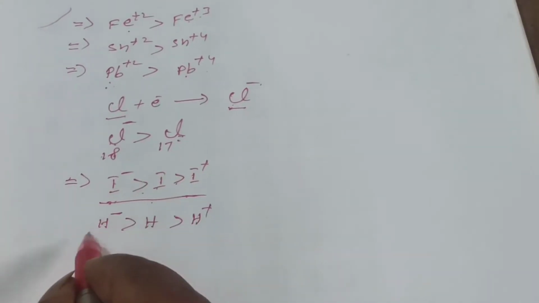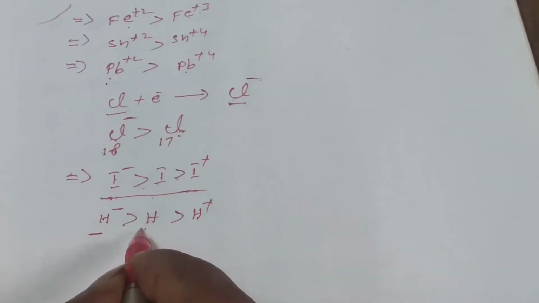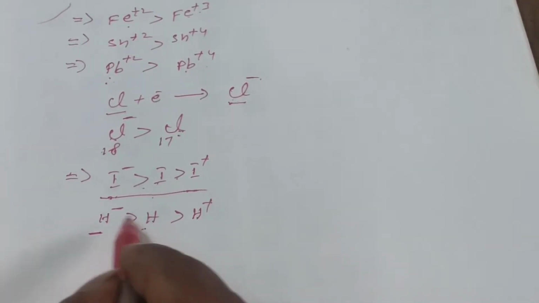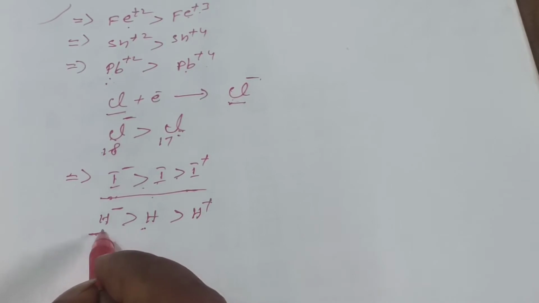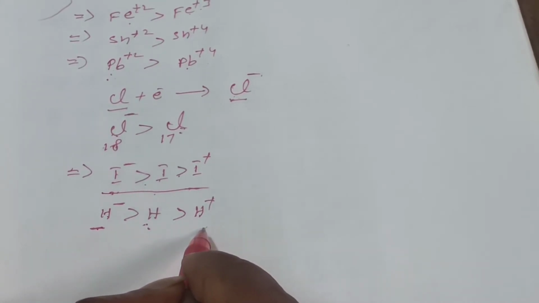The H minus ion is greater than hydrogen because the negatively charged species has a bigger size than the neutral atom, and a neutral atom is bigger than the cation.